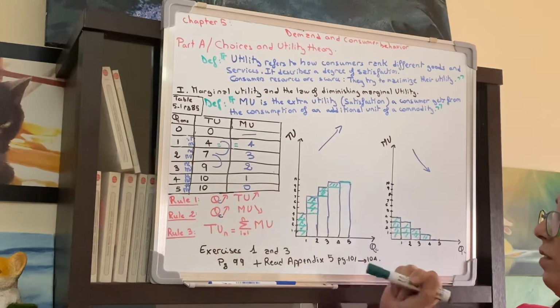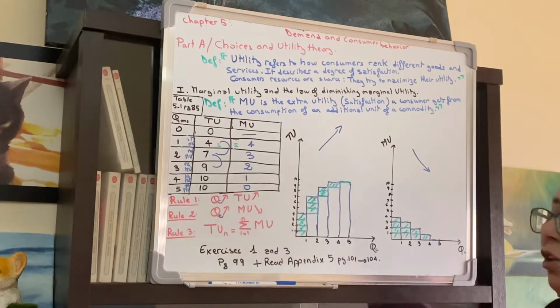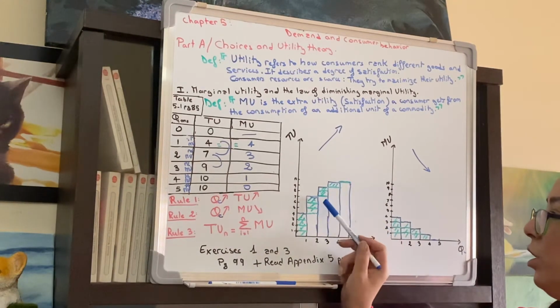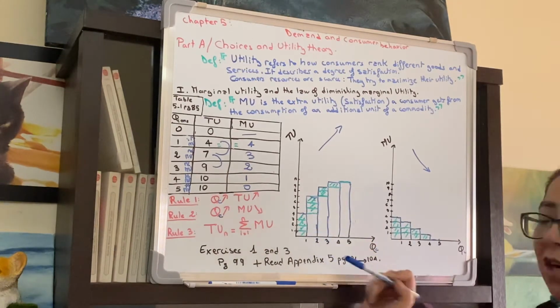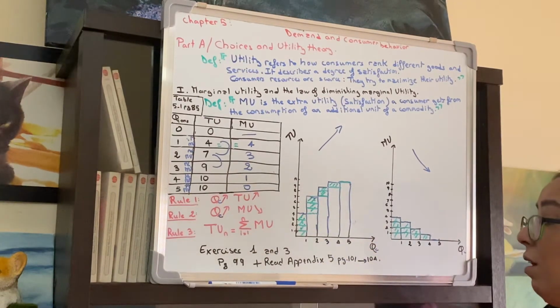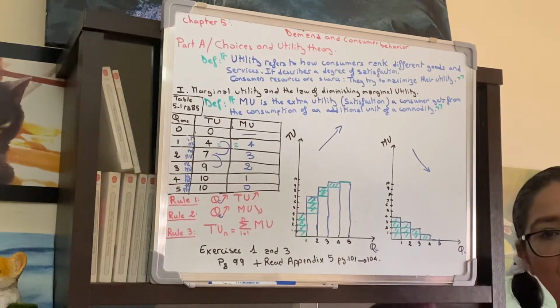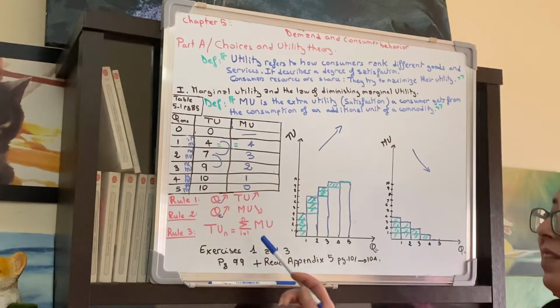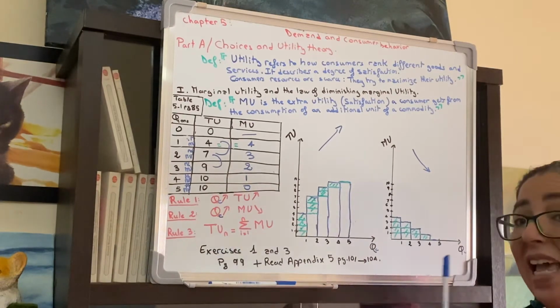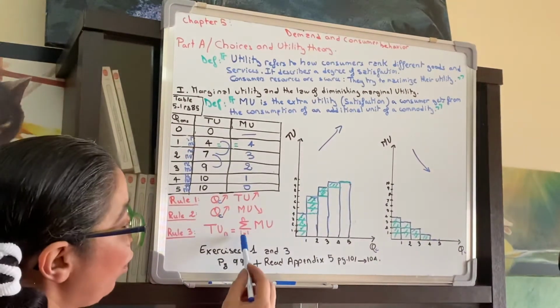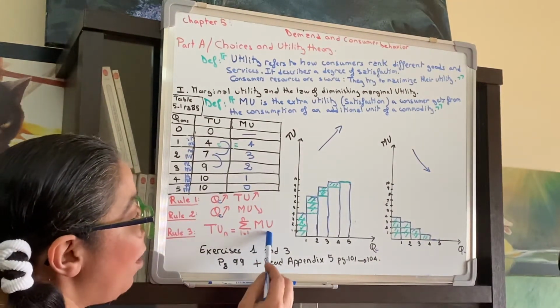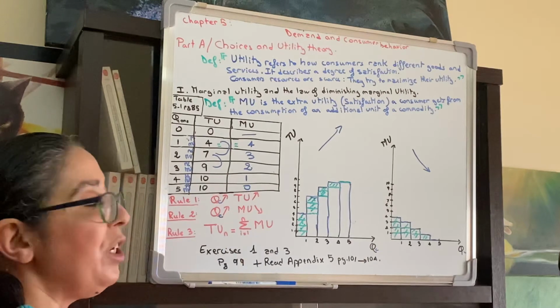The total utility of 4 is equal to the marginal utility of 4 plus the marginal utility of 3 plus the marginal utility of 2 plus the marginal utility of 1. So you're going to notice that the total utility at any level is equal to the sum of marginal utilities till you reach that level.